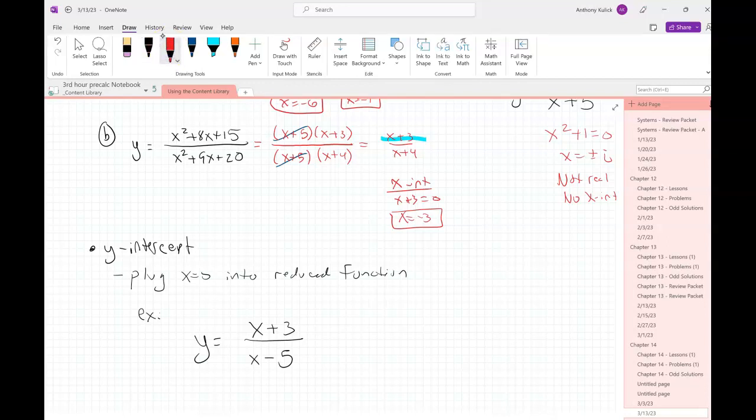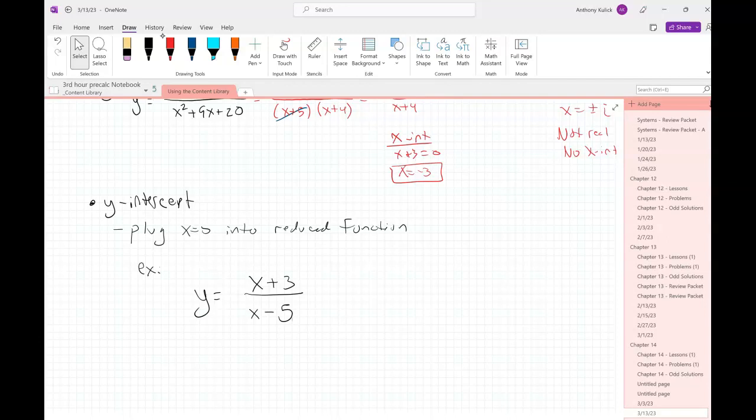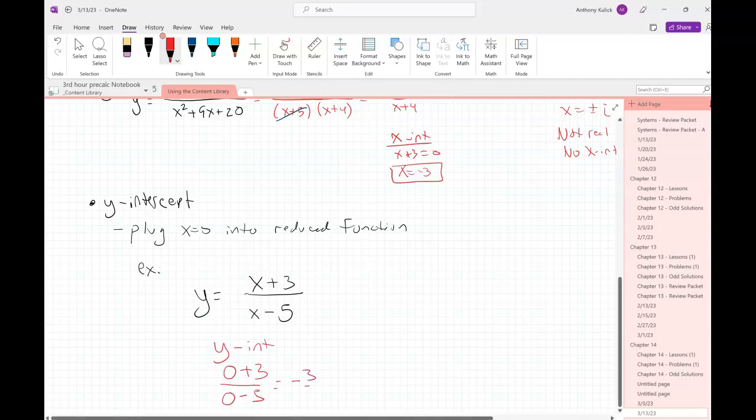So let's say we have y equals x plus 3 over x minus 5. Is that reduced? Yeah, right. We can't factor it anymore, so that's reduced. So we just put 0 in. So that's 0 plus 3 over 0 minus 5, which just becomes negative 3/5. Or really, we'd probably write it as the point 0 comma negative 3/5, but that's fine.